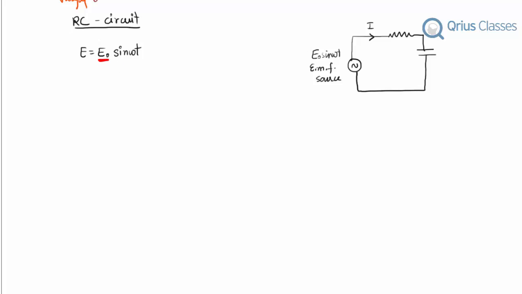So we have to find the potential difference across R. What we want to find is the potential difference across resistor R and capacitor C as a function of time.